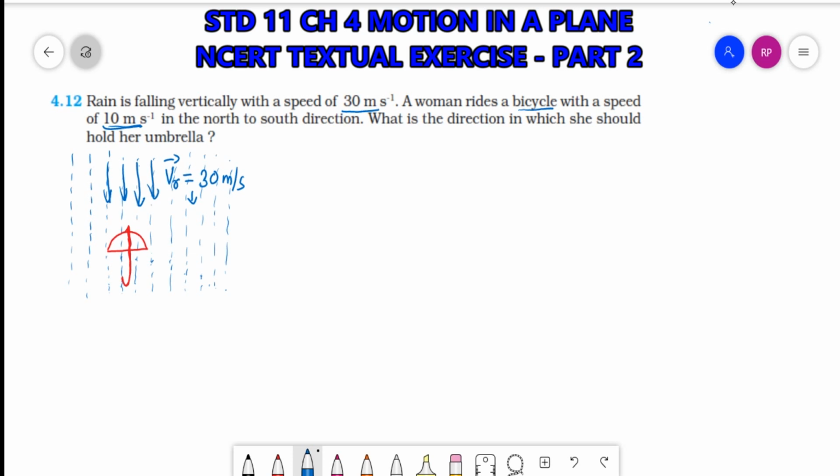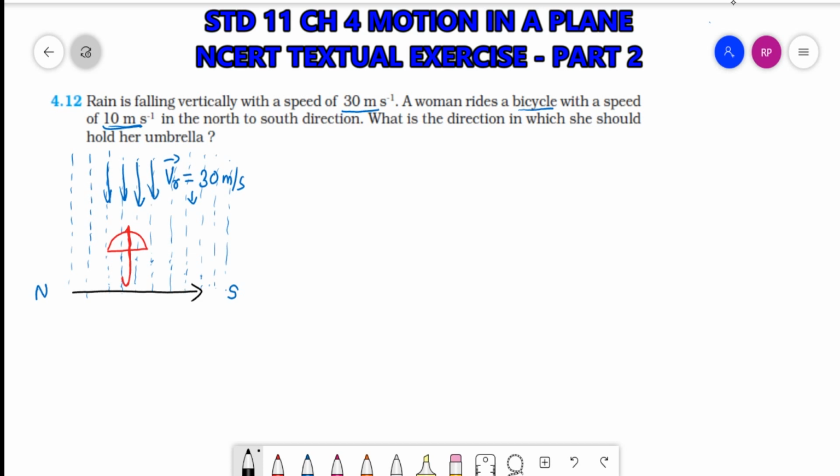So let's consider this as south direction and this as north direction. So the woman is moving in this way. Now the woman must tilt her umbrella in the direction of relative velocity of rain with respect to the woman.